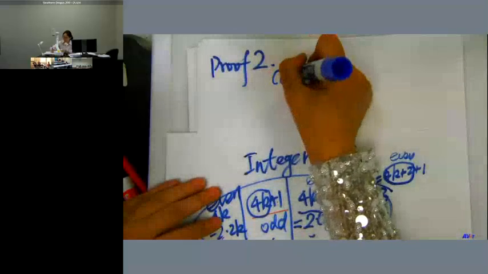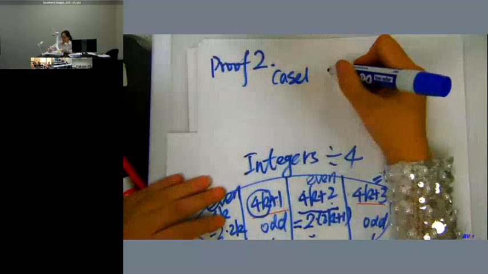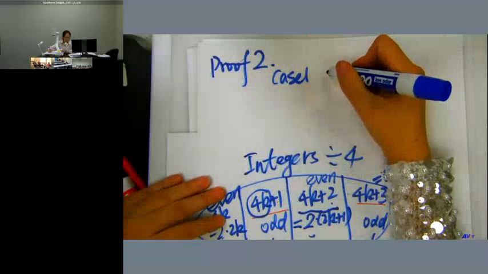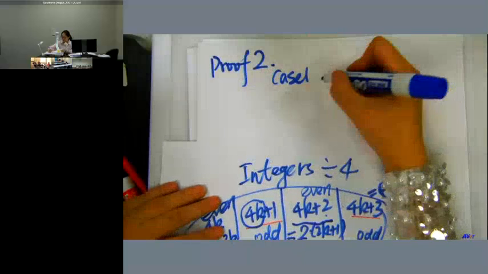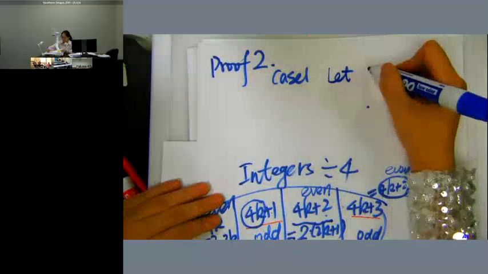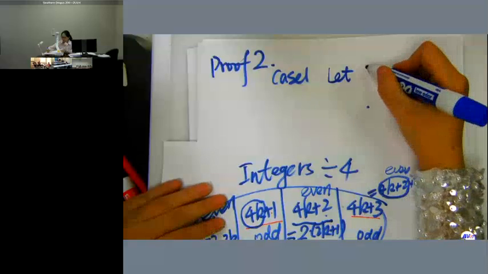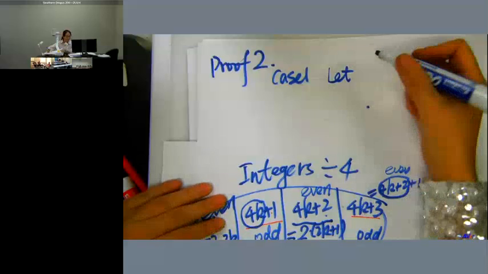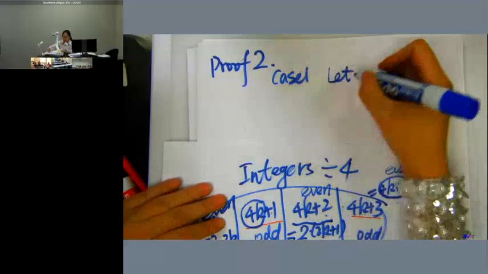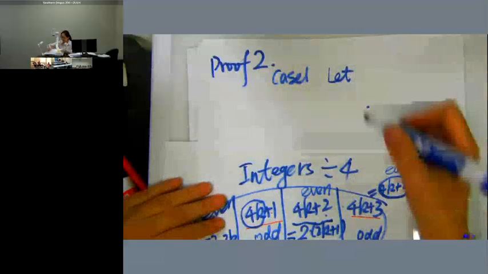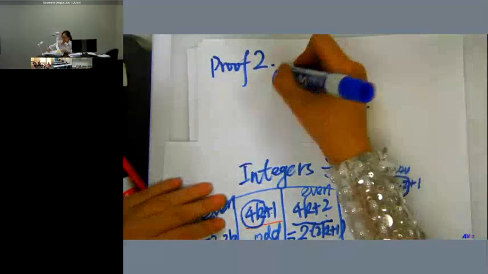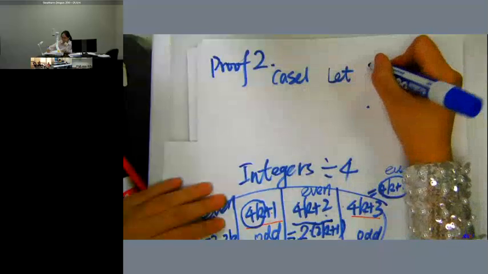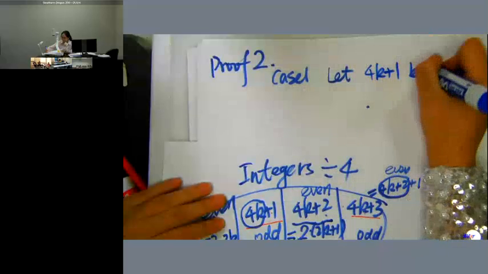And this way, I go ahead and start case 1. Maybe you can add a little bit of explanation. So I have about 3 minutes left, so I'm going to try to hurry a little bit here.